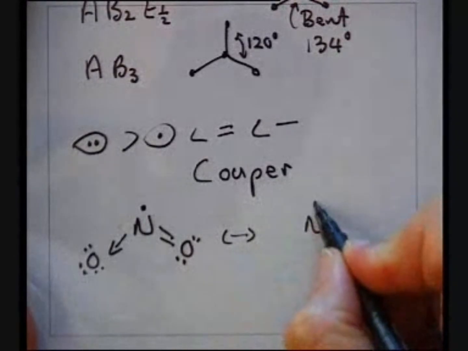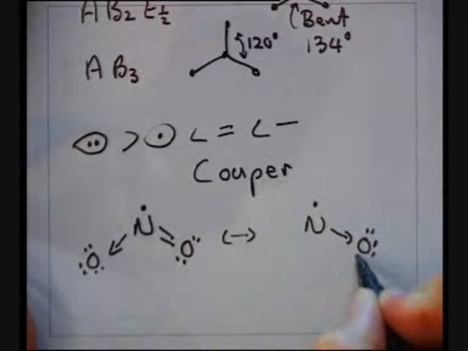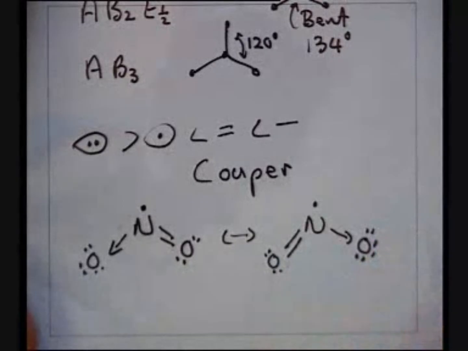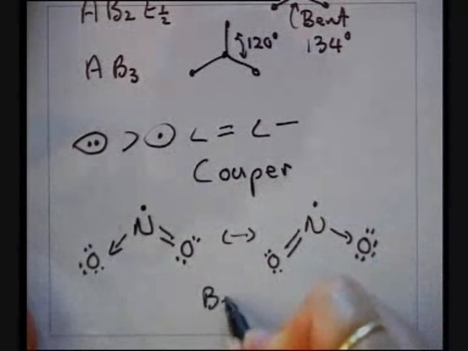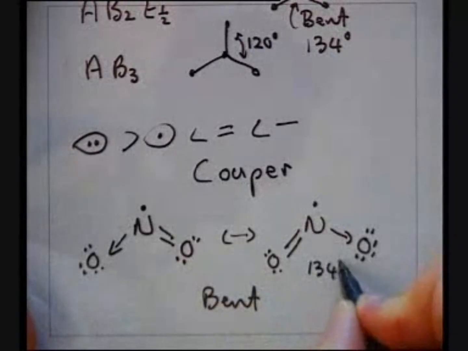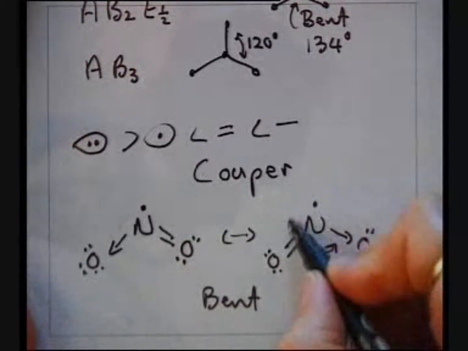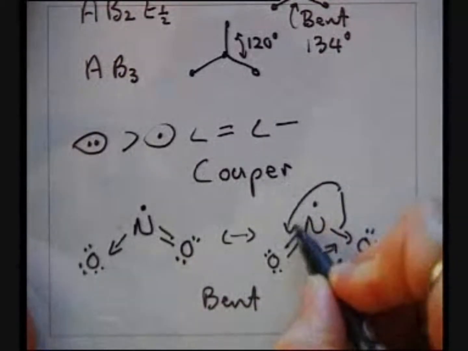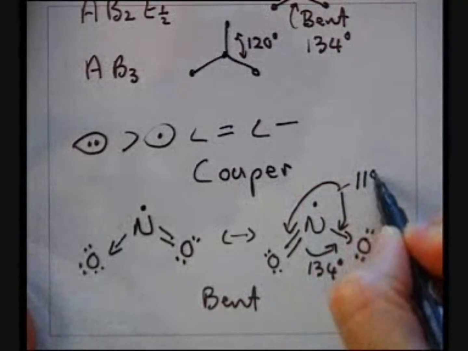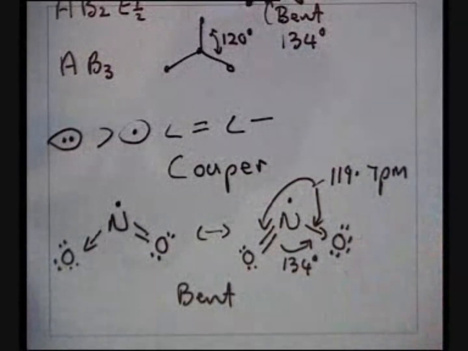Nitrogen, single bond, dative covalent now to the right, double bond to the left. Bent molecular geometry, bond angle 134 degrees. The bond lengths are expected to be exactly the same, and they are measured to be 119.7 picometers in the laboratory.